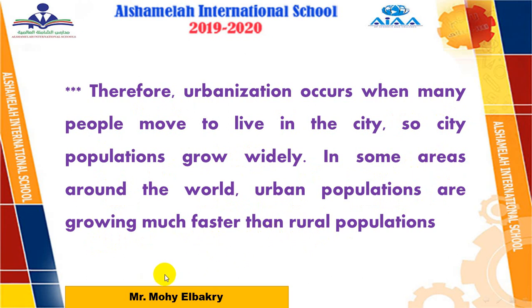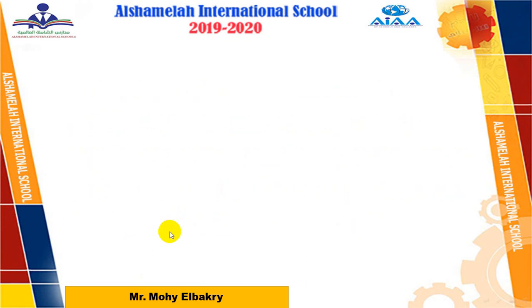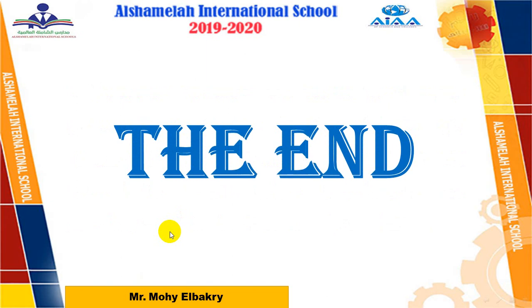As I said before, because a lot of people move from the countryside or rural or suburban areas and go in order to live and work in the urban areas, or in big cities or the main cities. Okay, now we came to the end of our lesson.